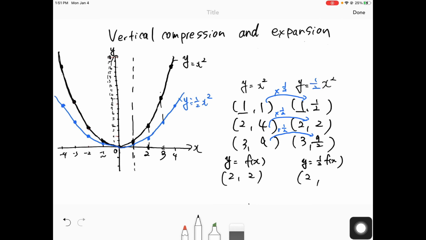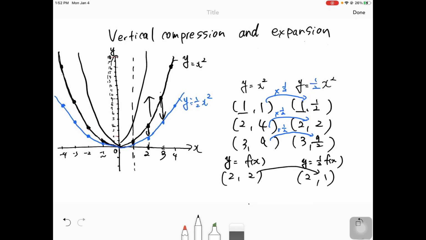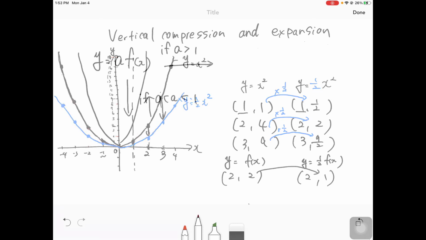Then the y value is 1 over 2 times this value. So it's going to be 1. That's how it works. But the difference is it's called compression, because to sketch the graph of y equals 1 over 2 x squared, you put the graph down. This means you compress the graph. But on the other hand, to make the graph of y equals 2x squared, you pull up the graph this way. It's called expansion. So there are differences.